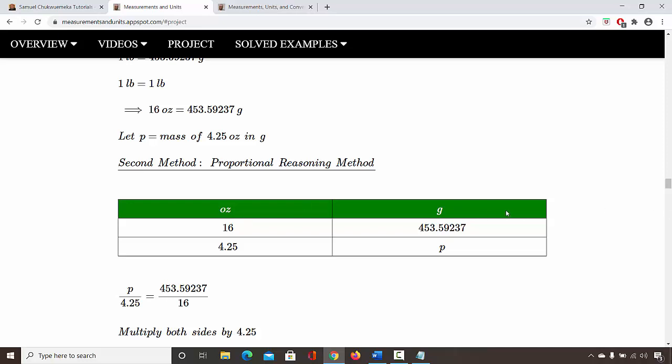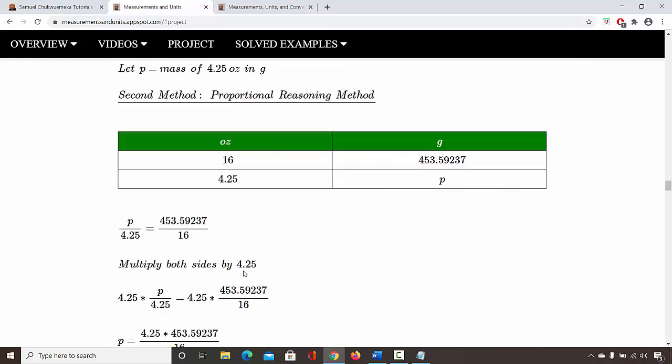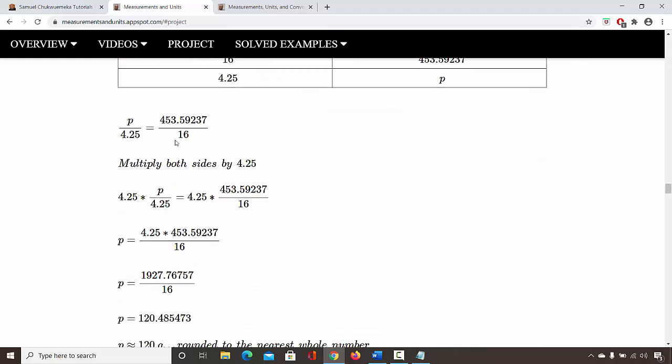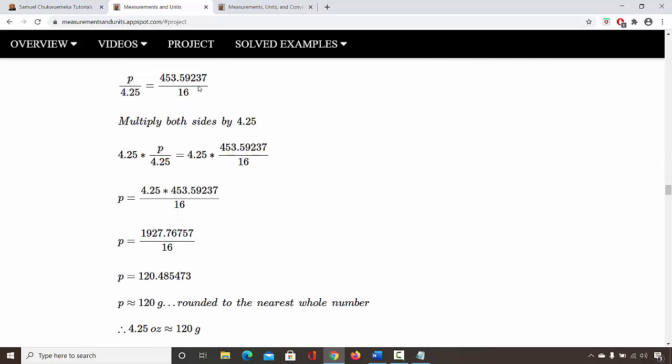Then you write the main conversion. Then you now write what you want to convert. After doing that, you set it up as a proportion, and then you do cross product.